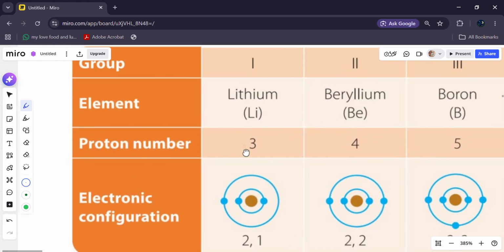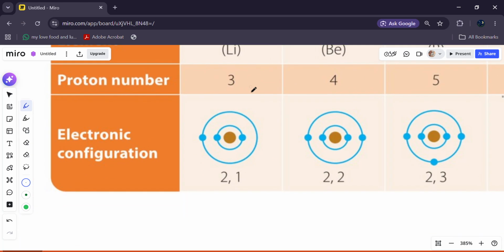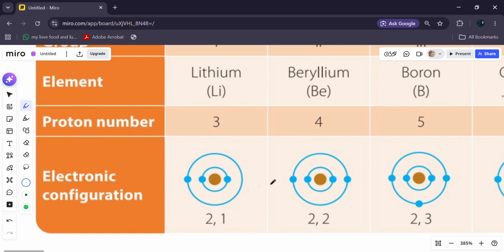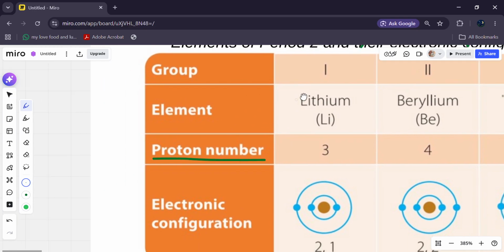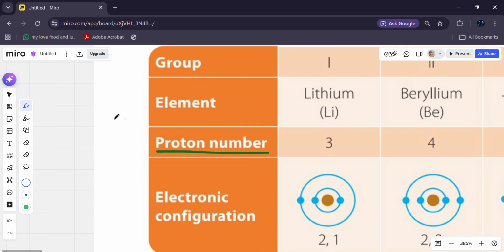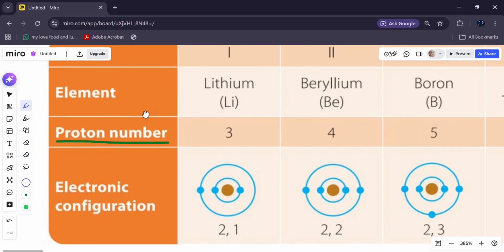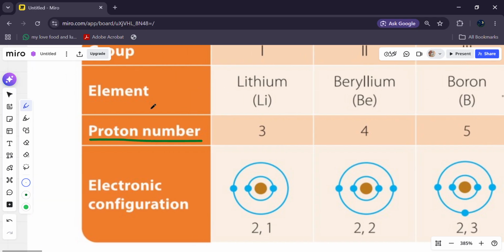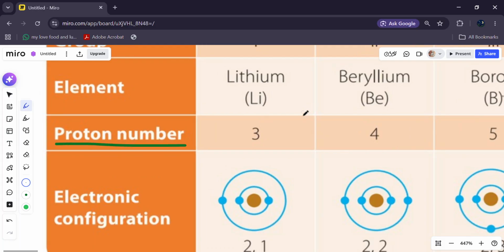Here it says the proton number is 3. That means it has 3 electrons. Remember, when we say proton number, it doesn't just mean the protons, because as long as the atom is neutral, the number of electrons and protons should be the same. So in a neutral atom in the periodic table, if the proton number is 3, that means it also has 3 electrons.